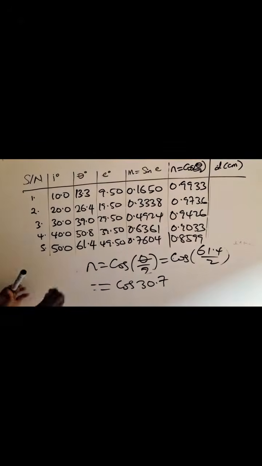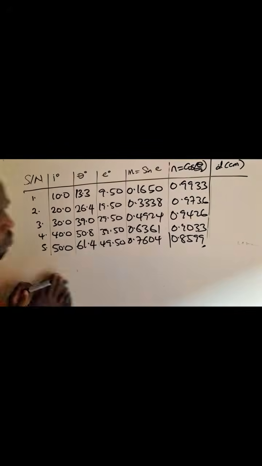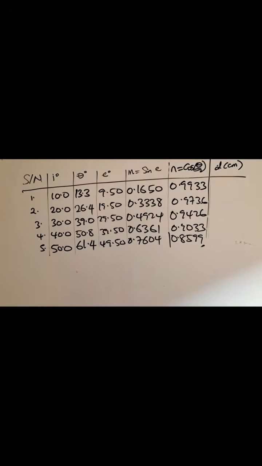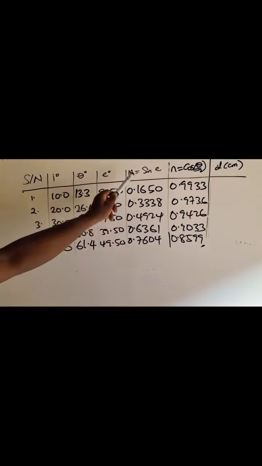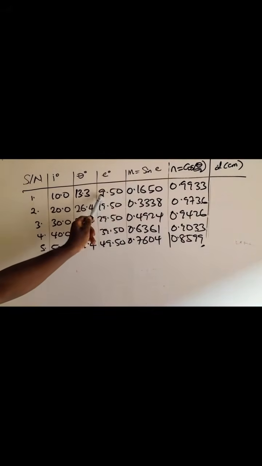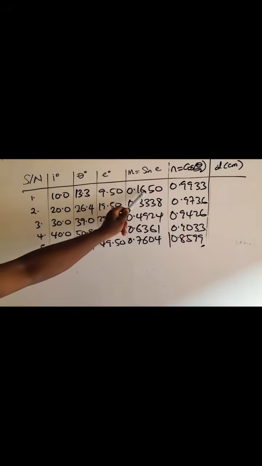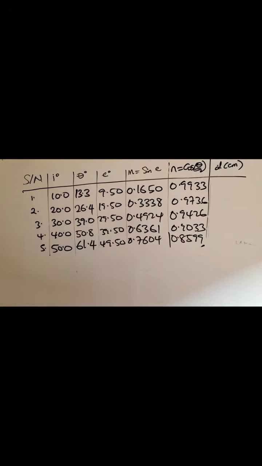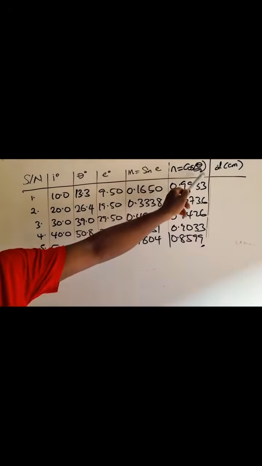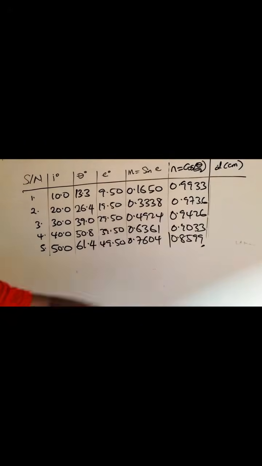So we'll have a complete table now. When angle of incidence is 10 degrees, theta is 13.3, emergence is 9.50, sine of 9.5 is 0.1650, then cos theta over 2 gives us 0.9933.